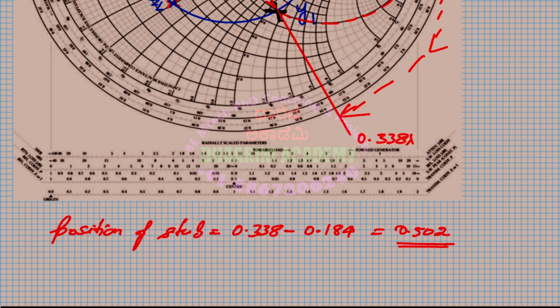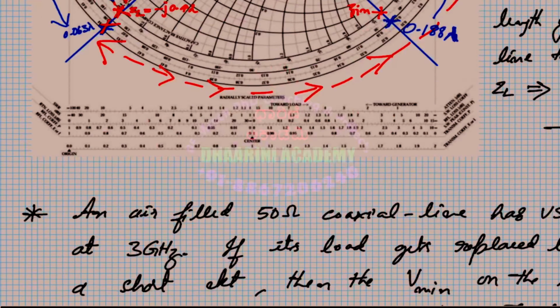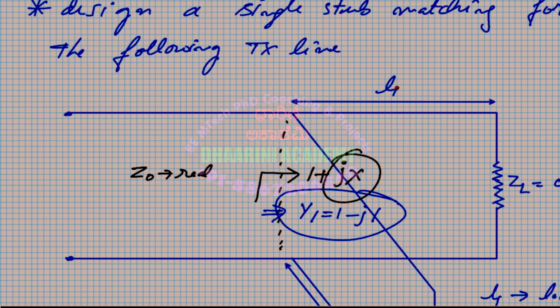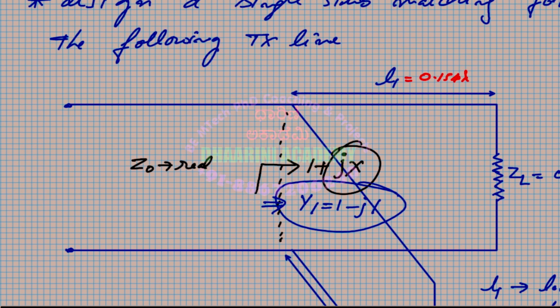No, you're subtracting, not adding. I think you should get a smaller value. 0.154. Okay, so this is 0.154 lambda. So in terms of lambda, this distance which we are supposed to cover, L1, we got 0.154 lambda.